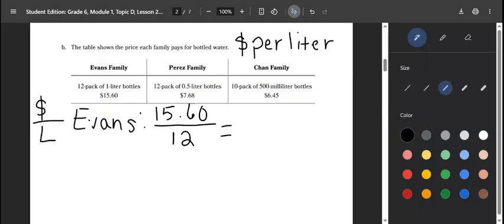And when you do that in a calculator, it comes out to be 1.3. So they pay $1.30 per liter.